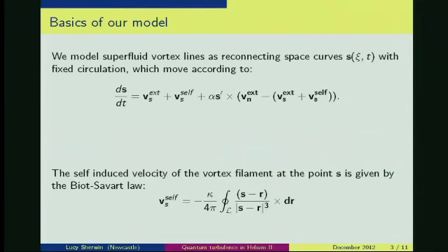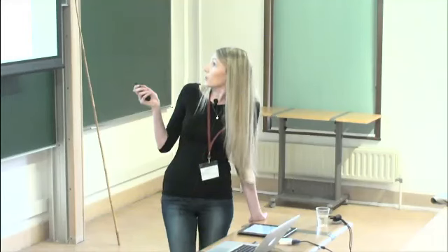Now I'm just going to do some basics of the maths that we use to model our superfluid world. We model our vortex lines as reconnecting space curves with fixed circulation, which move according to this equation here. In this equation, we've got Vs terms and a Vn term.